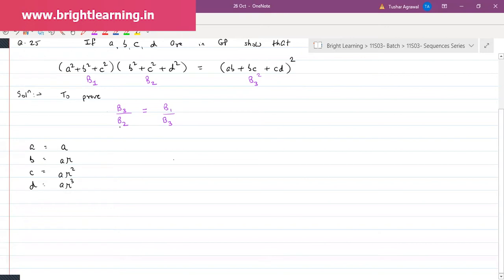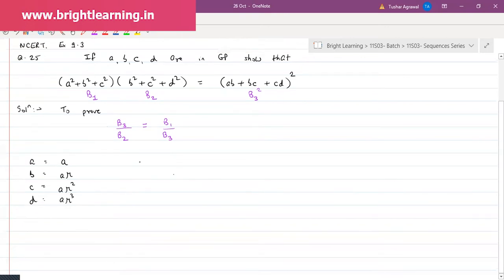Now A square plus B square plus C square, which is my bracket 1, turns out to be equal to how much? A square. What is B square? B square is A square R square, and C square is A square R to the power 4. Can I write in one step? A square common, 1 plus R square plus R to the power 4.